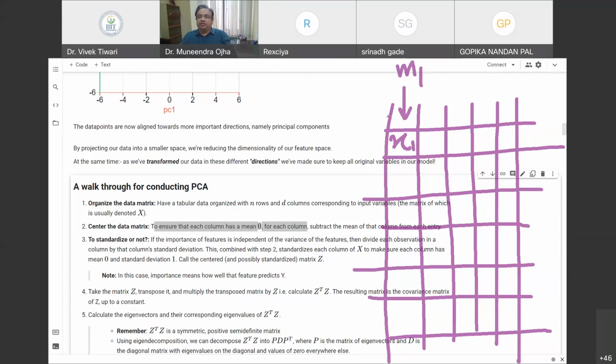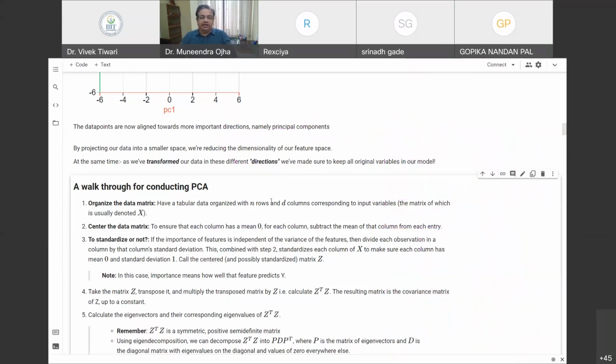When I find the mean value of the first column vector, I will do x1 minus m1, and I do this for all. Let's say I call it x_i minus m_i, I do it for all i equal to 0 to n minus 1 if I'm starting from 0. So all n samples, we do the same thing for every column. So for every column, this will center my data matrix to ensure that each column has mean 0. Every column will have a mean of 0.